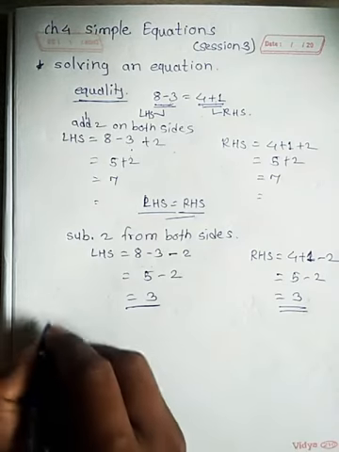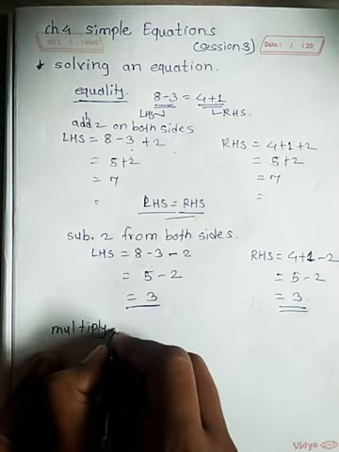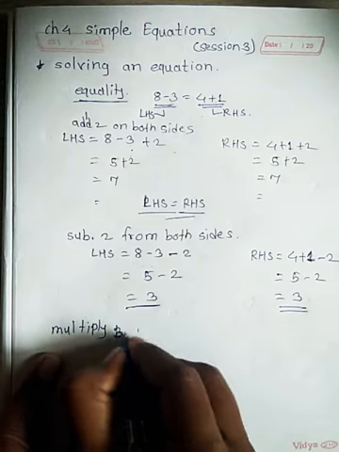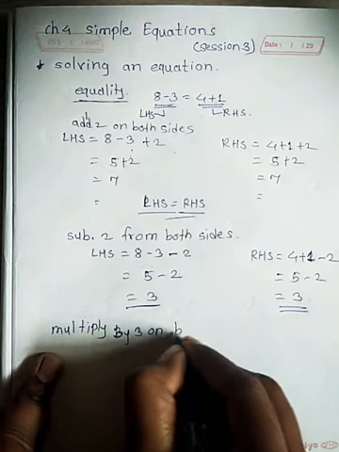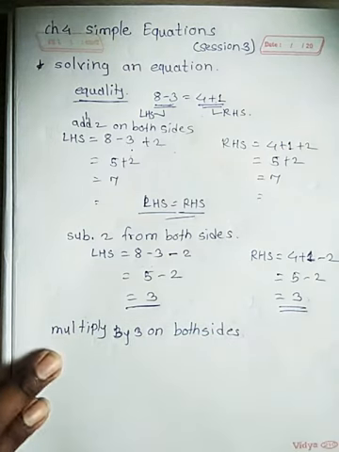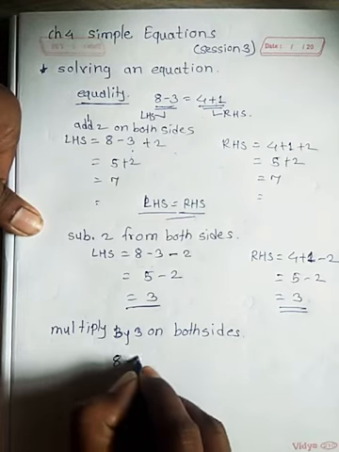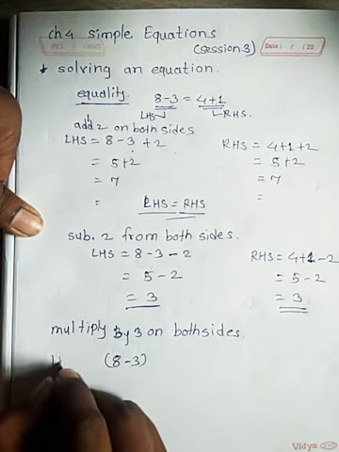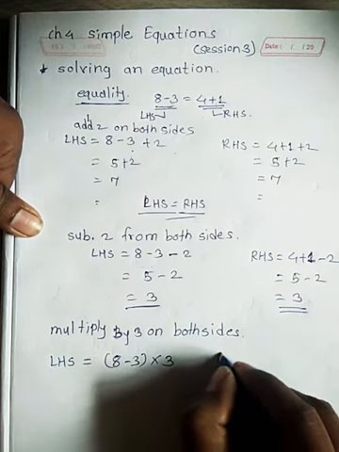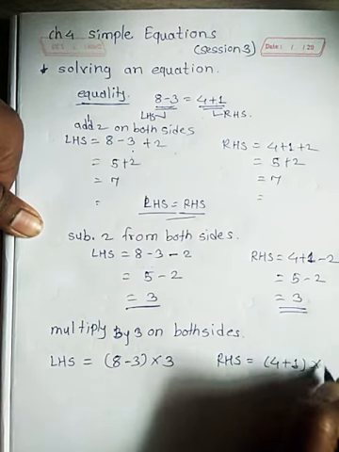Same with multiplication and division also. Suppose we multiply by 3 on both sides. Then LHS is equal to 8 minus 3 into 3, and RHS is 4 plus 1 into 3.